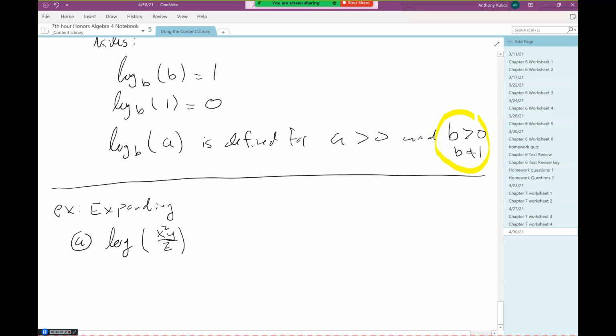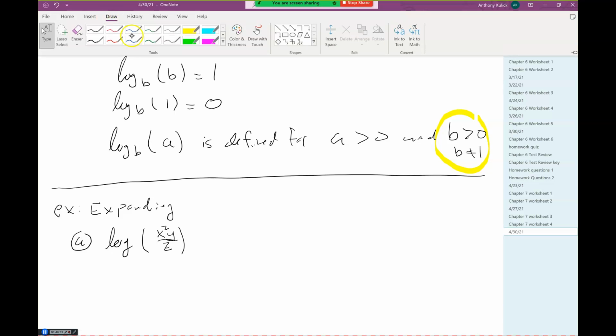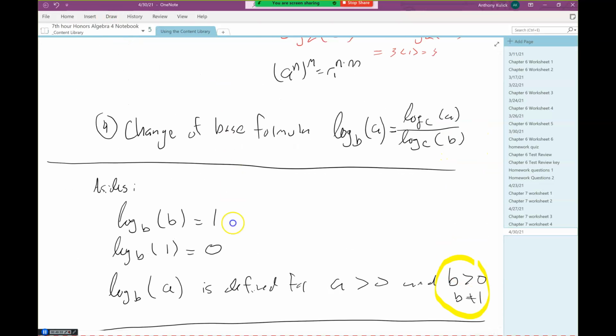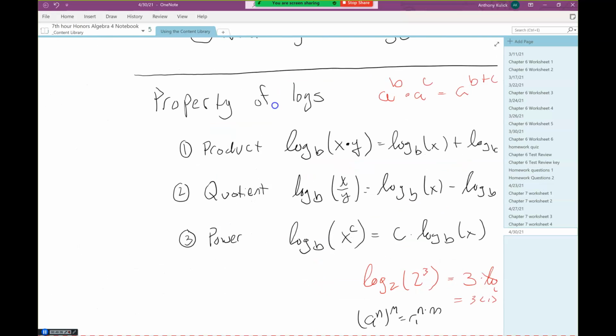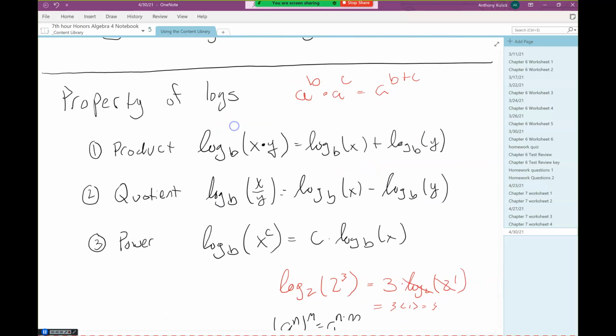So when we talk about these properties, when we are expanding, typically we want to do quotient, then product, then power, unless you have some set of parentheses that's indicating you to do something in a different order.